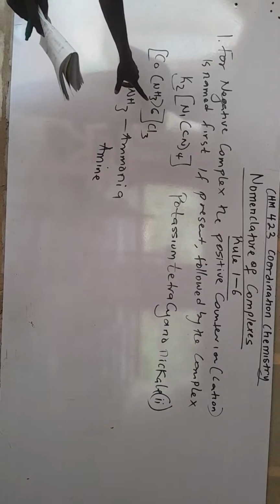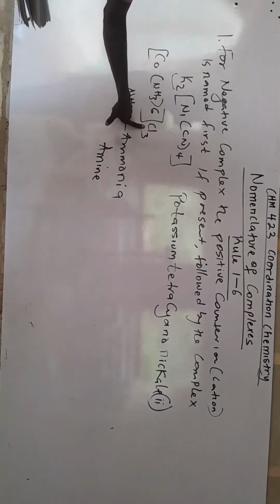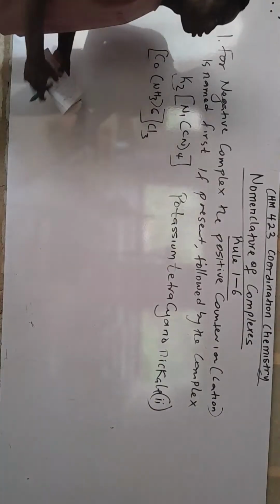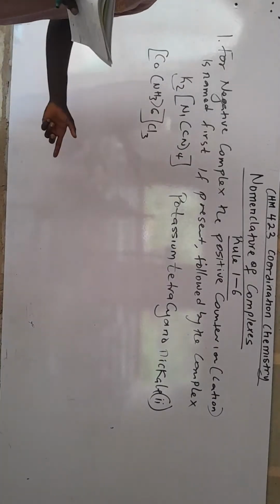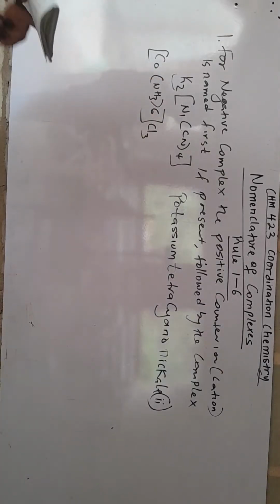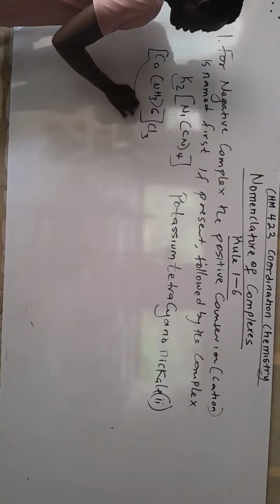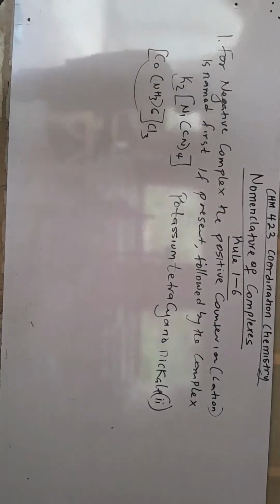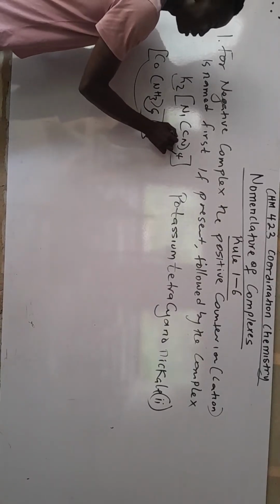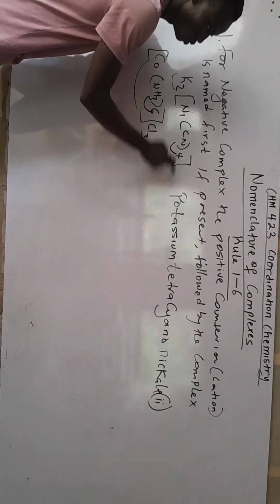This is Cl3 here. Now, in naming this compound, according to the rule again, the positive will come first before the negative. Take note of that. Ordinarily, the one that we have here is the sphere. How many of these do we have there? Just like we have done it here, 4 of the cyano, which is tetracyano.